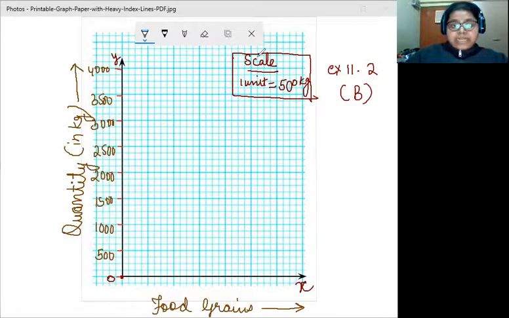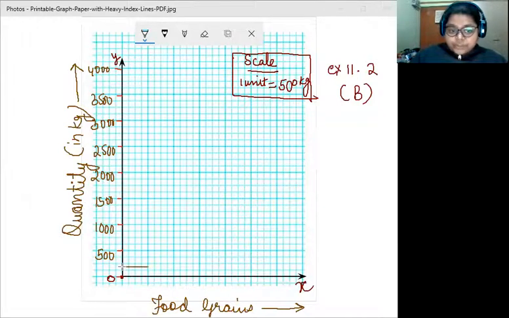Remember that the space between each bar should be same. If this is 1 unit, the width of each bar should be 1 unit. If you take 1 bar to be 2 units, every bar should be of 2 units, and the difference also.